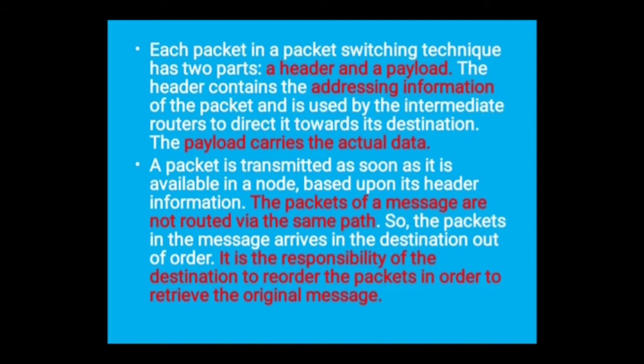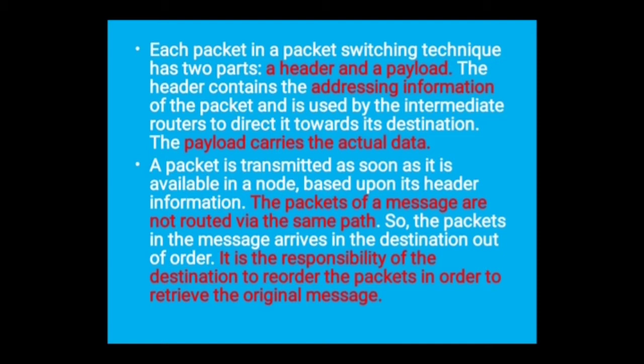The important part here is that each packet is divided again into two parts, that is header and payload. Header contains the address of the destination, that where it has to go, and payload contains the actual data. So if I divide my message into 4 packets, obviously each packet has 4 different headers and 4 different payloads.